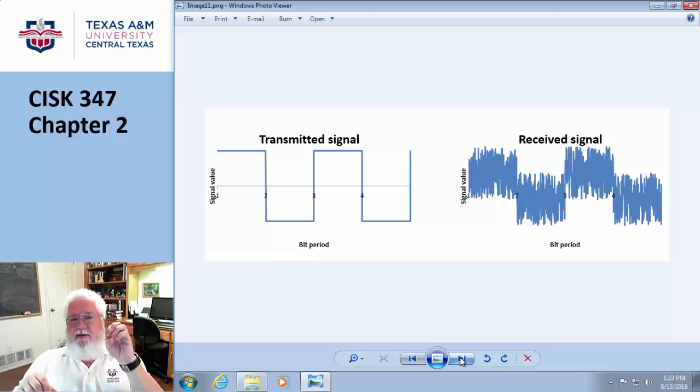So it goes from about 300 to 3,300. Okay? That's it. 300 to 3,300. So if you subtract those two numbers, I have about 3,000 hertz as my bandwidth. That's how much room I have to transmit.